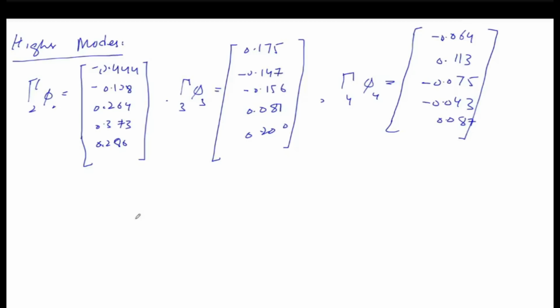For the fifth mode, gamma 5 and phi 5, this is 0.009. This is minus 0.025. This one is 0.056, then minus 0.075 and plus 0.048.